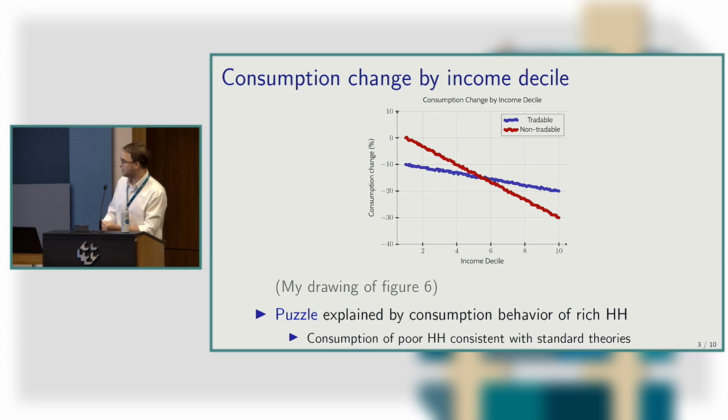What you can see from this picture is that the puzzle is explained by the consumption behavior of the rich households. Those are the ones who show a higher drop in non-tradables relative to tradables. And if you look at the consumption of the poor households, those are consistent with the standard theories.